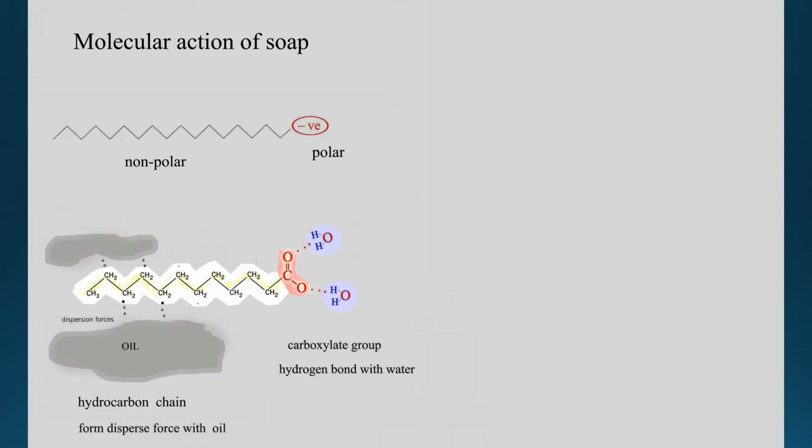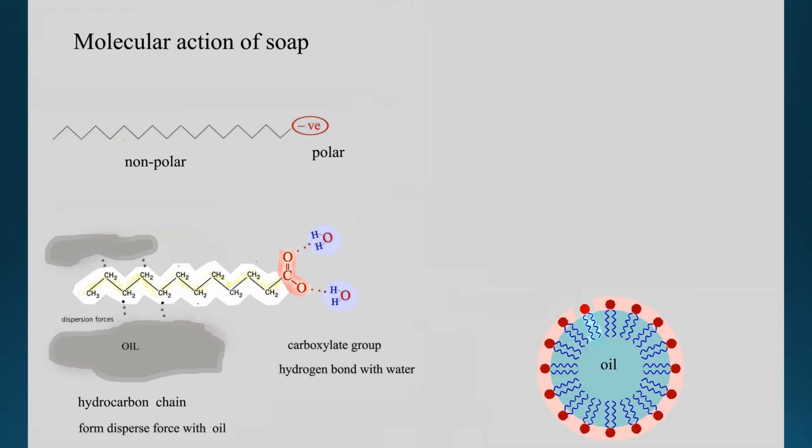The tail part, which is a hydrocarbon chain, can form dispersion force with oil. So oil and water, through this soap, can mix. If you look onto the soap, the tail part will stick to the oil.